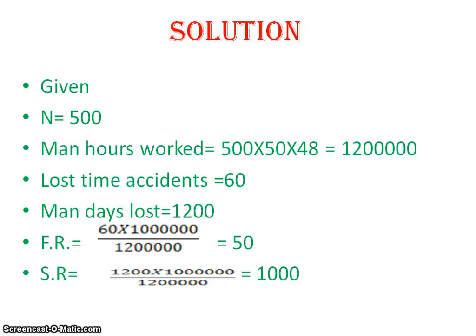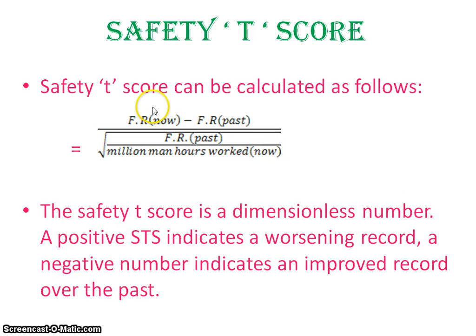Now we are going to calculate the safety T-score. This safety T-score is used as the main criteria for assessing the safety performance of an individual industry. The formula of safety T-score is frequency rate now minus frequency rate past, divided by the square root of frequency rate past divided by million man hours worked now.